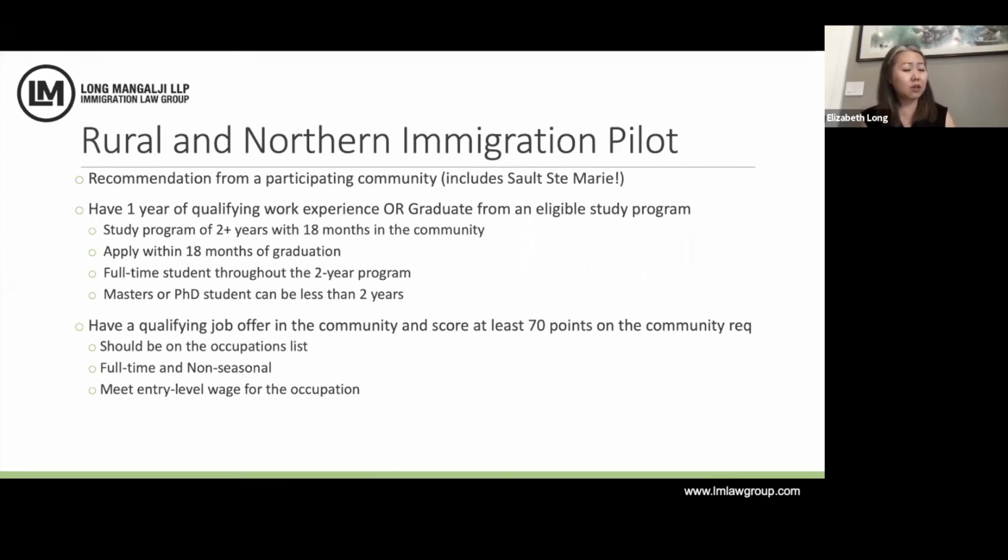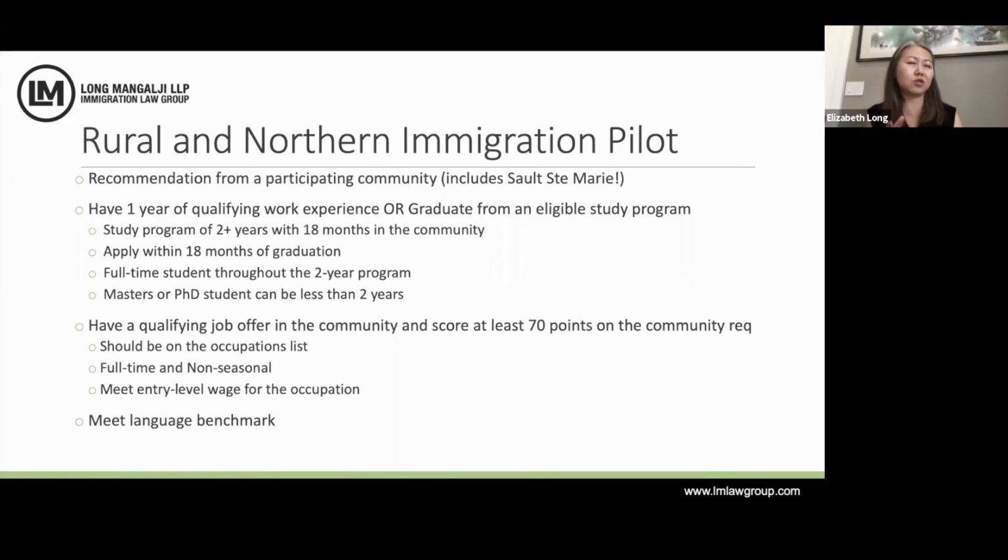Okay, so there is an occupations list. You should be on the occupations list. If it's not, maybe there might be some leeway, but they really encourage you to see if your occupation is on that list, okay? And it needs to be full-time, non-seasonal, meet entry-level wage for the occupation. So there are some requirements for that job offer. You also need to meet a language benchmark.